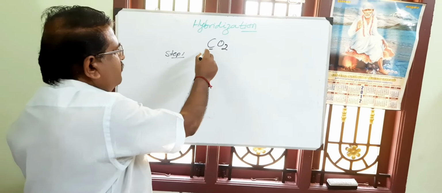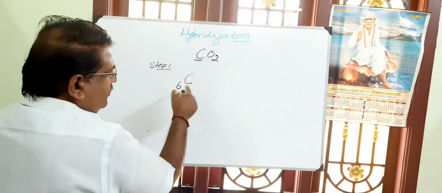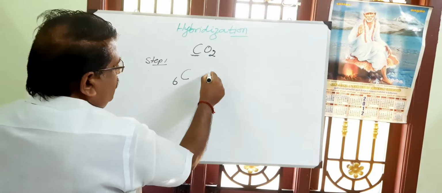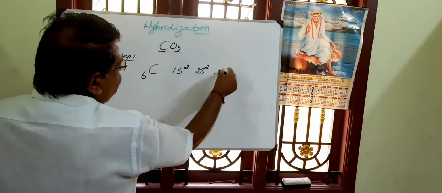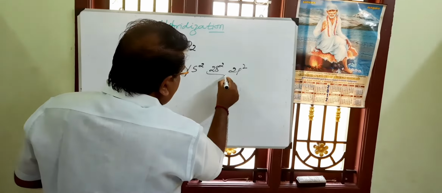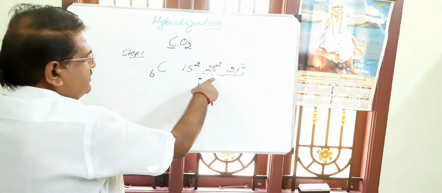The atomic number of carbon is 6. So we should write the electronic configuration of carbon: 1s2, 2s2 and 2p2. The outermost shell is 2s2 and 2p2. So the number of valence electrons for carbon is 4.